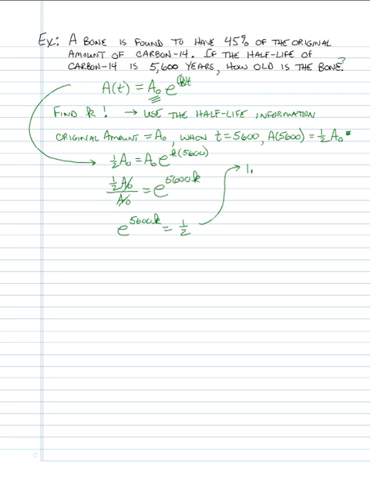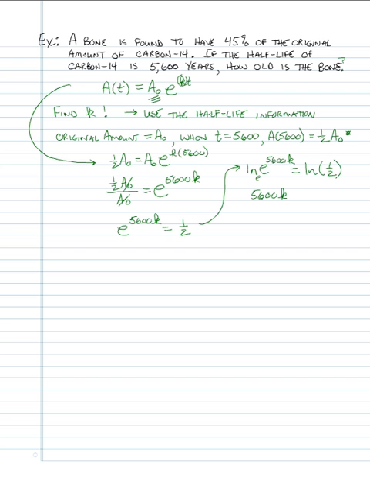So we would take the natural log of both sides because we're solving for k. We could bring the exponent down, or we could say, what power do we put on this base e that gives us e to the 5600k, and it would just be 5600k, wouldn't it?